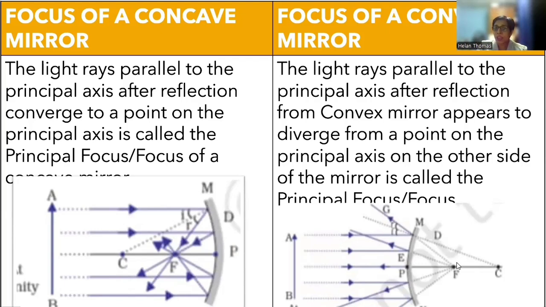That is the point from which the light rays appear to diverge. So the light rays will come parallel, and after the reflection, they appear to diverge from the point F, and that is the principal focus of a convex mirror.